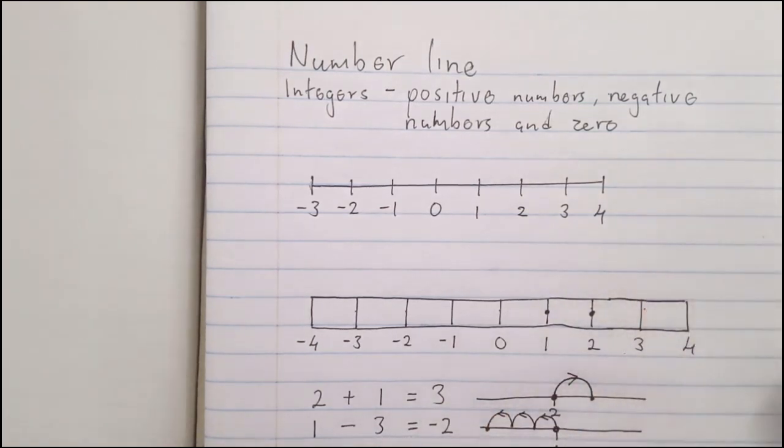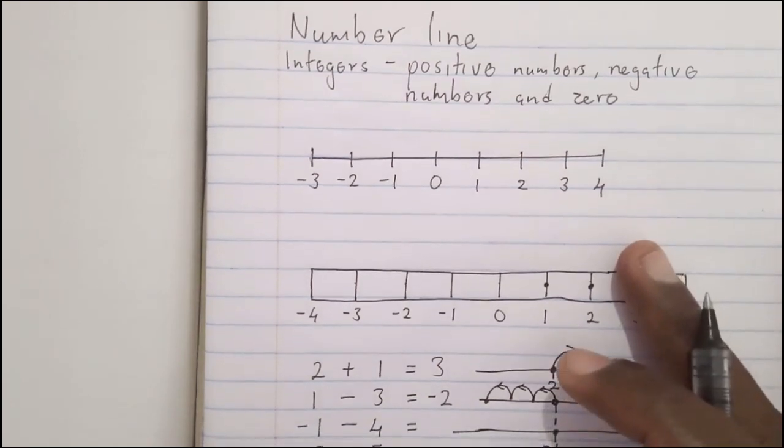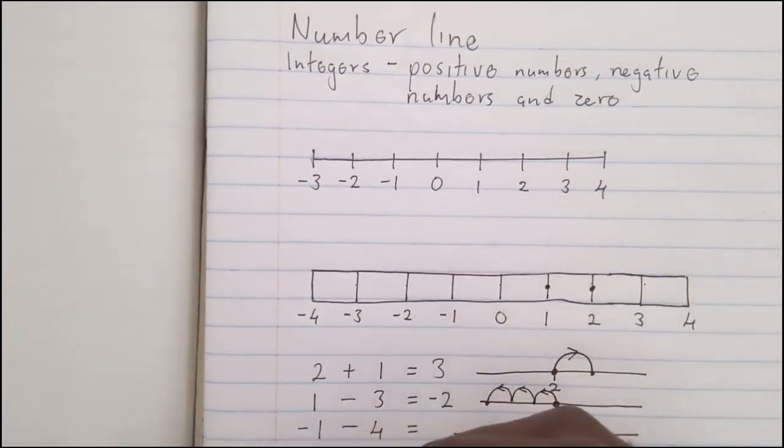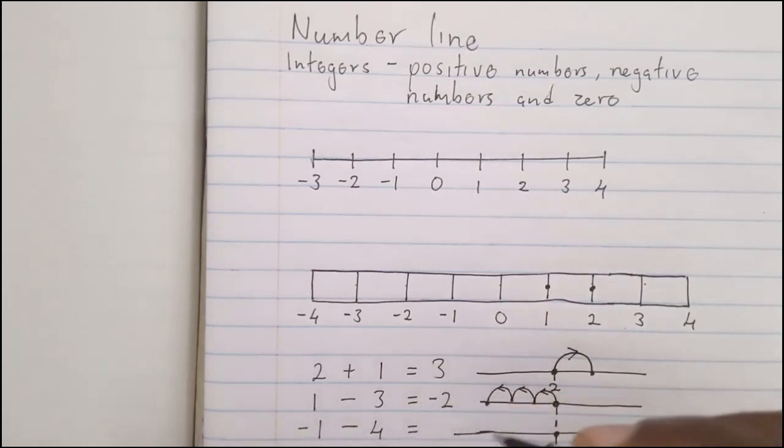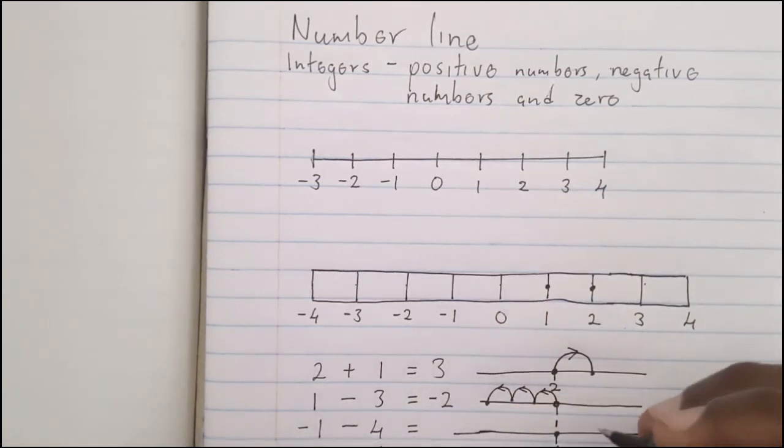Okay? Again, just another one. We have -1 - 4. Oh my goodness. Now we're having negatives in front of numbers? Yes. In Key Stage 3, those are some of the calculations we'll be seeing. Now, -1 - 4.